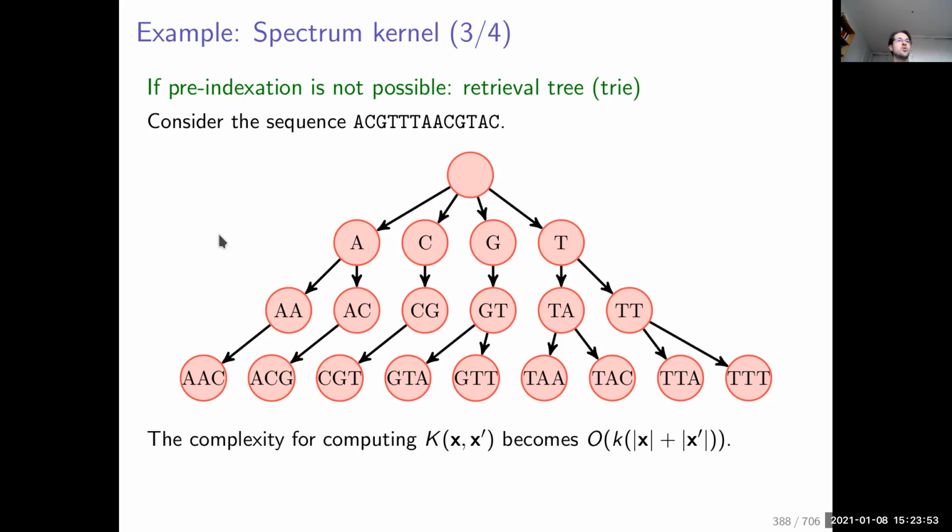For example, assume that AAC is present in X and present in X prime. It means that both of them have the same edge that goes to A, the same edge that goes to AA, and also the edge that goes to AAC. So you see that you can do this simultaneous exploration of the trees. You enumerate all of the possible paths, and at the end, you simply keep the leaves that are common to the two trees. So that gives you this complexity.